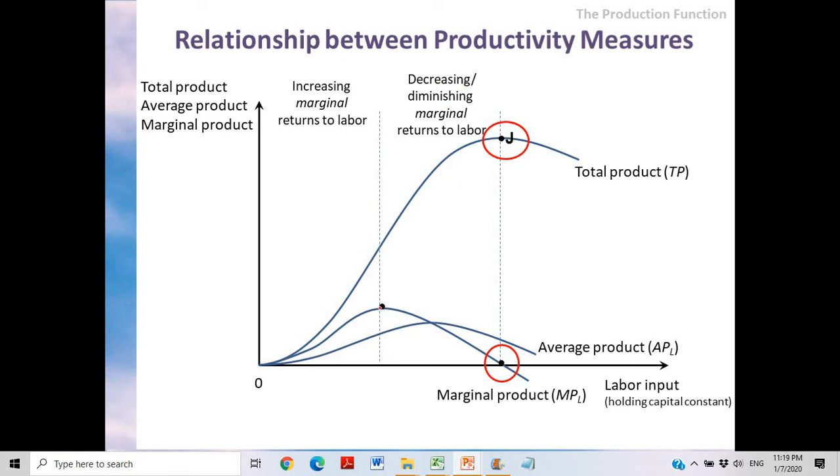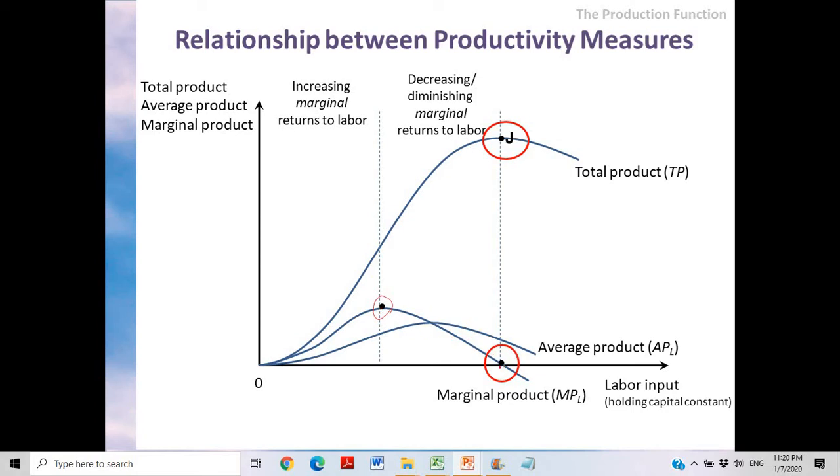So here the marginal product reaches the maximum and it falls. This range is where the marginal product is diminishing, so that's why it is called diminishing marginal returns to labor. But the returns are still positive.